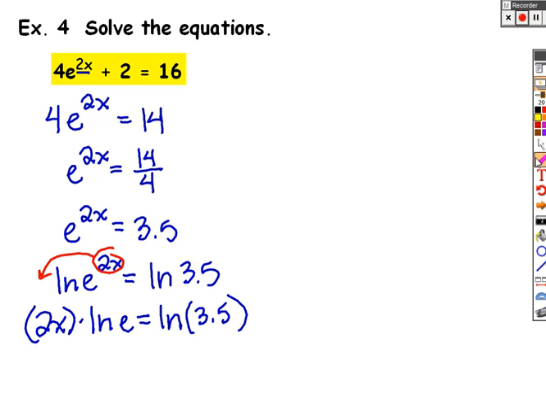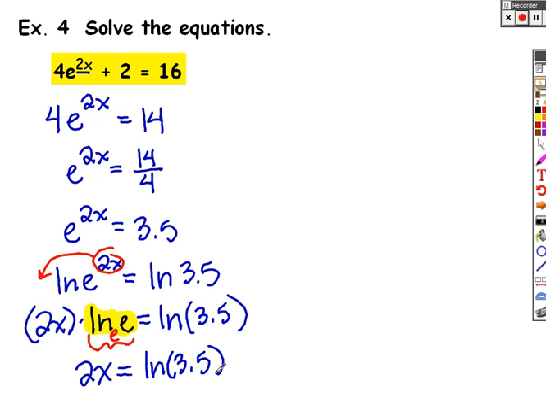Well, the convenient thing here about taking the natural log is this is saying your base is e. So this is like saying e to what power is e? Well, that would just be 1. So the natural log of e is just 1 because e to the first power is e. So now I actually just have 2x times 1, or just 2x, equals the natural log of 3.5.